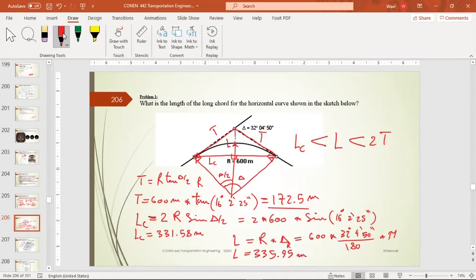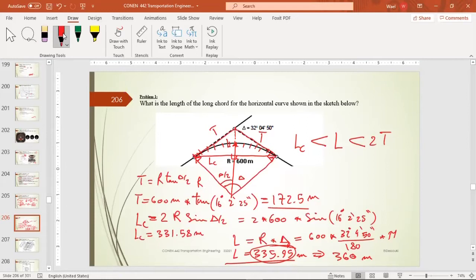Now if we are making a design for this curve, we are going to round this to be 360 meters. Why? Because we are going to divide this curve into stations. So the surveyors, you are going to put them in a terrible situation when you give them a length like this with fractions.